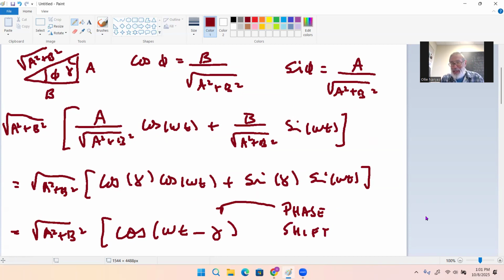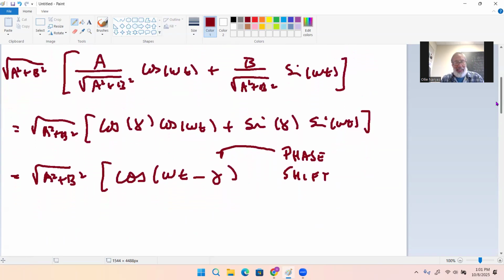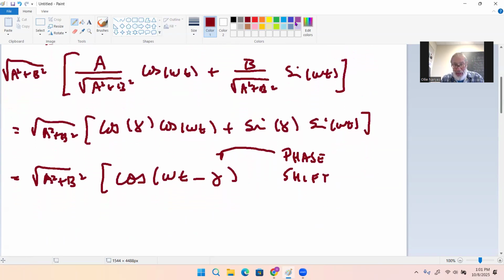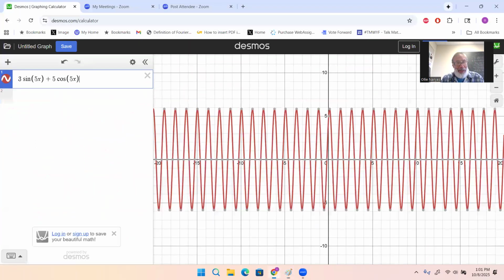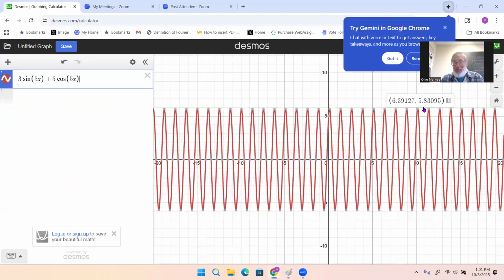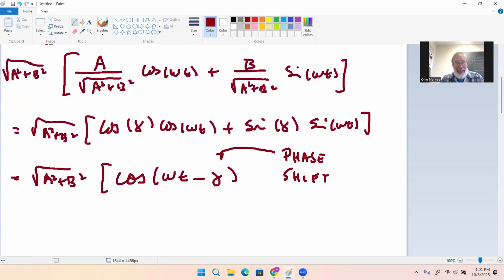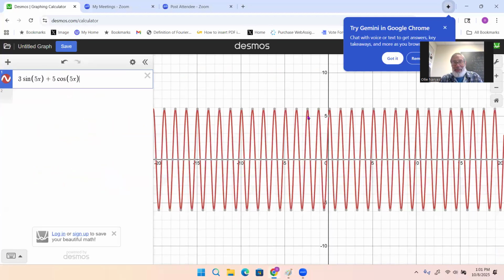Let's demonstrate this with an example I have here: 3 sine of 5x plus 5 cosine of 5x.